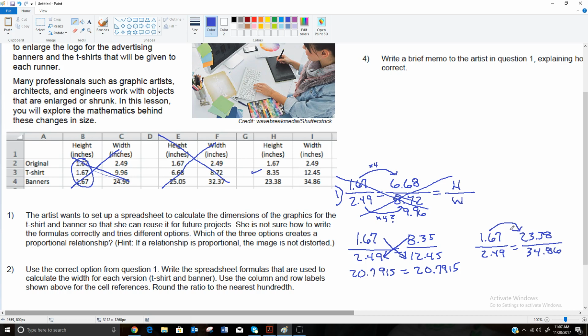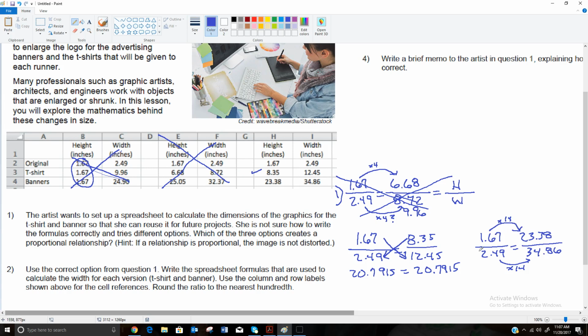So 23.38 divided by 1.67 gets me 14. So this has been multiplied by 14. And 2.49 times 14 does give 34.86. So in both of these cases, if you multiply by 14, you get the same equivalent ratio.